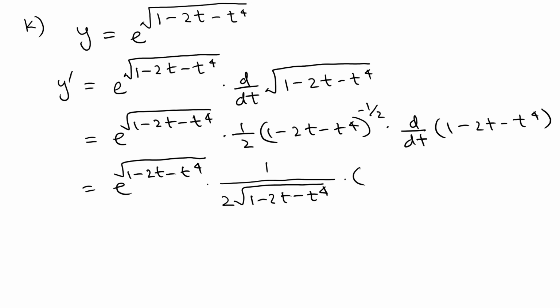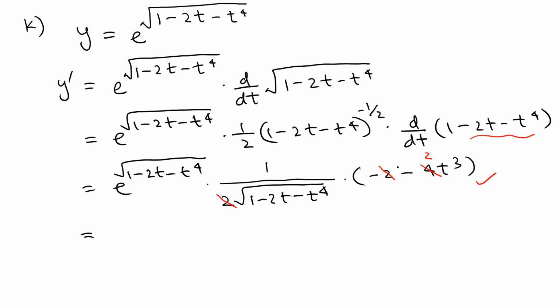So when you take the derivative of these two terms, you're going to get negative t negative 4t cube. So that's the answer. But what we normally do is we can write in a more simplified form. So that means you can cancel 1t here, that means 1 2 here, you're going to cancel that, and you're going to get 2 here.